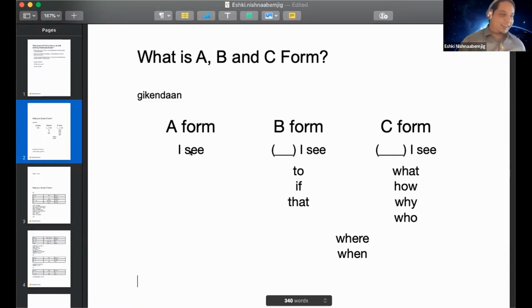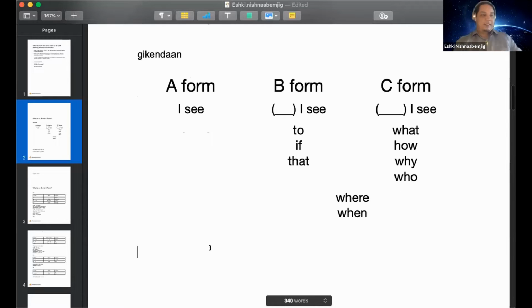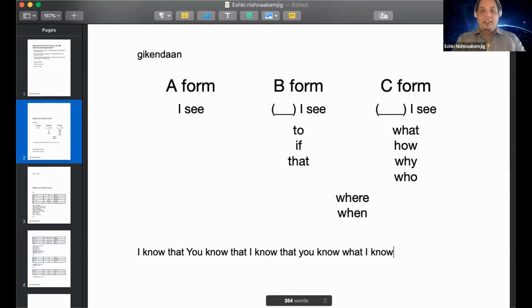Oh, okay. So my example for you in English is I say, I know that you know that I know that you know what I know. Okay?